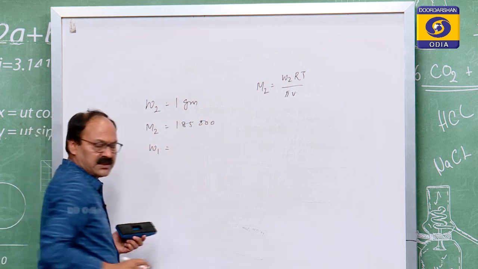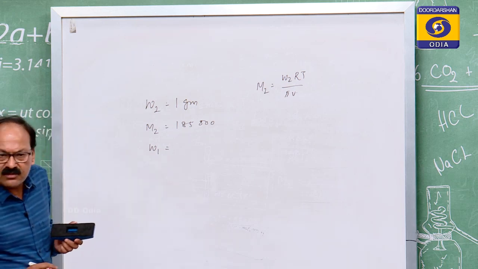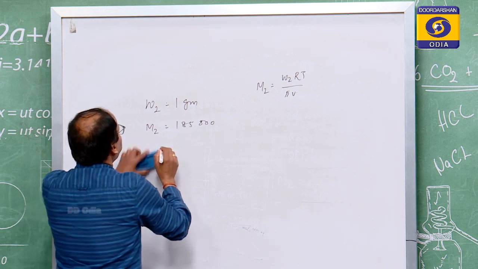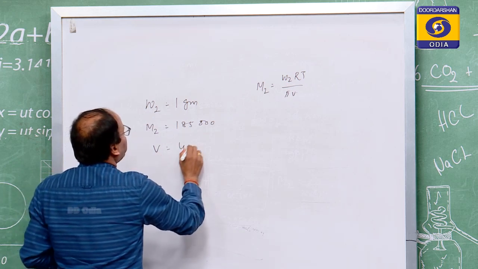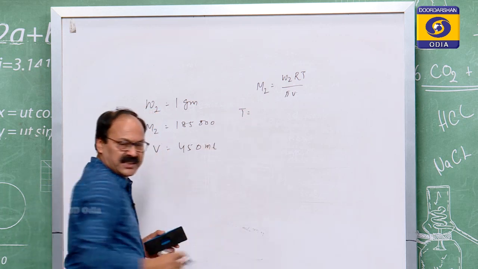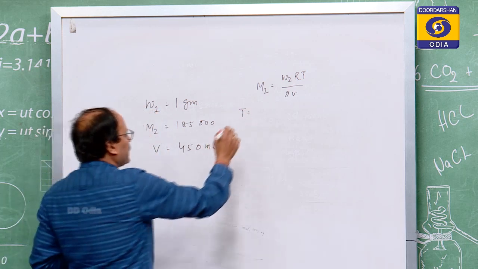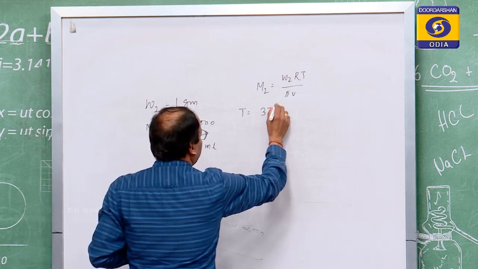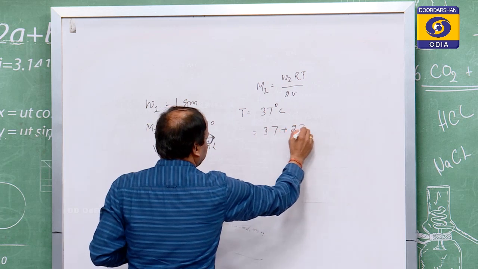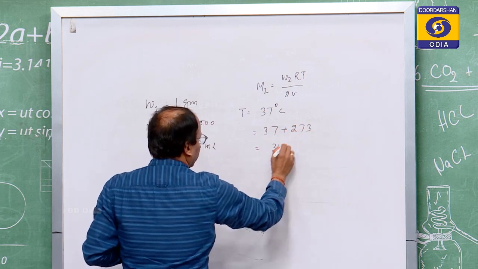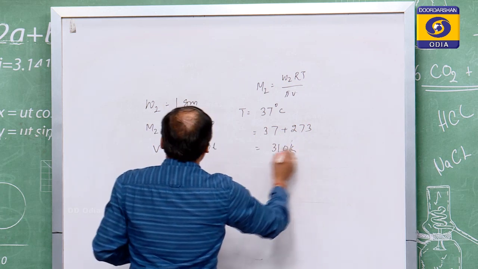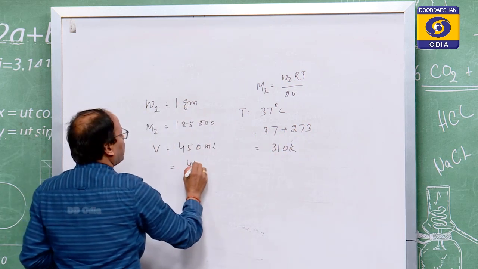The volume of the solution is 450 milliliter, and the temperature is given as 37 degrees centigrade. As I have told you, you convert this into Kelvin, 37 plus 273, that will be equal to 310 Kelvin. Then change the volume into liter, 450 by 1000.